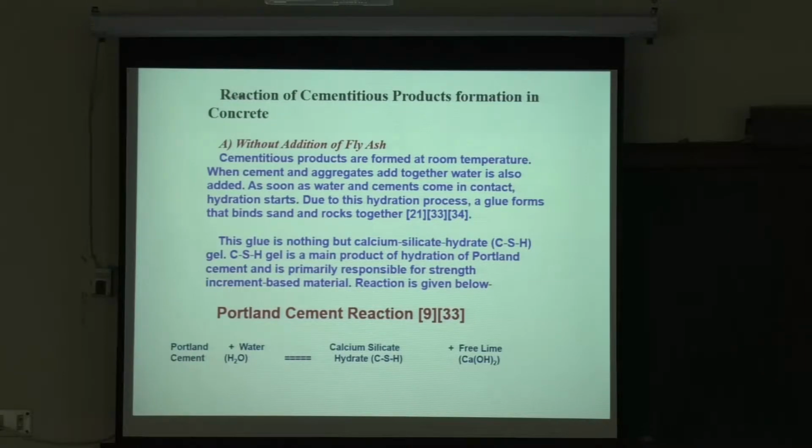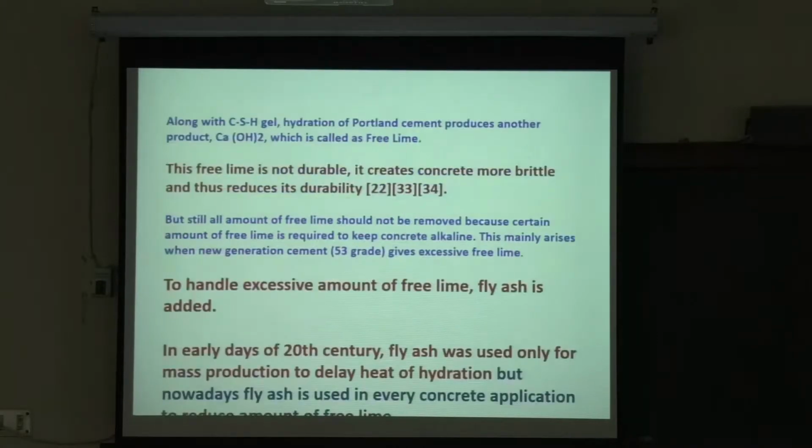And it is primarily responsible for strength increment in the base material. And the reaction is given below. Portland cement plus water gives CSH, calcium silicate hydrate, plus some free lime. Along with this CSH gel, hydration of Portland cement produces another product, which is calcium hydroxide, which is called free lime.